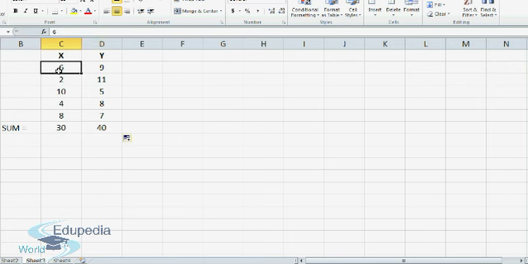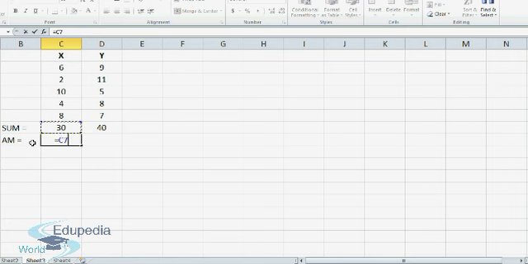If we count, we have 1 2 3 4 5, so the arithmetic mean of x will be 30 divided by 5, which is 6, and in this case it will be 40 divided by 5, which is 8. So the means are 6 and 8.